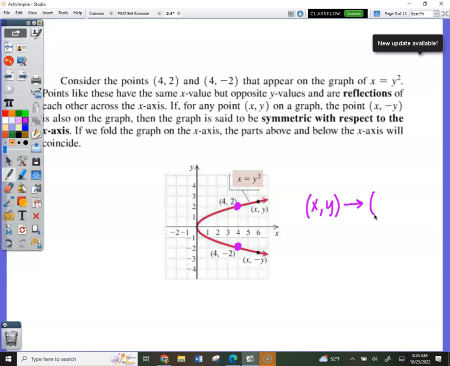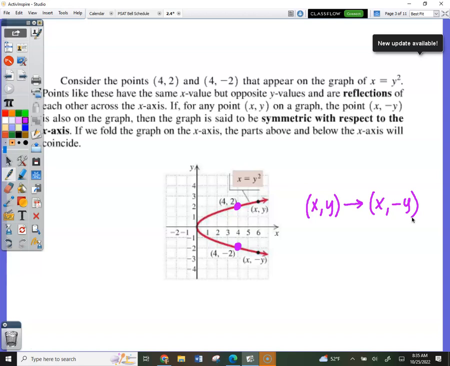Would you agree? Which means, what's the only thing changing in the points? The sign of the y value. So the rule would be that the sign of the y value changes.